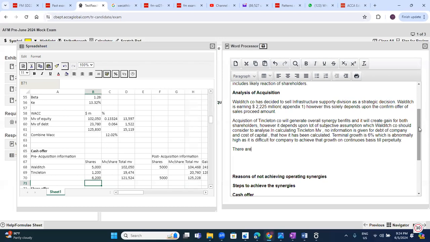There are certain assumptions in combined company valuation.